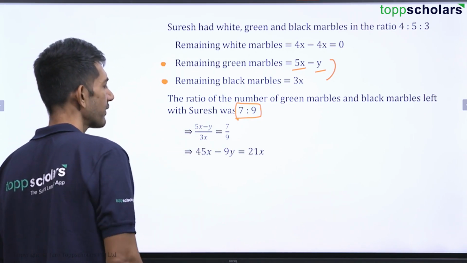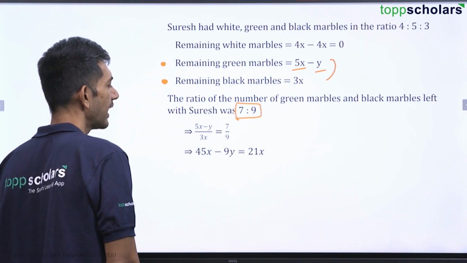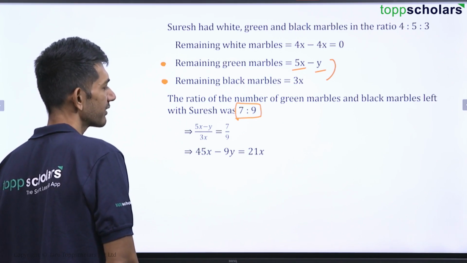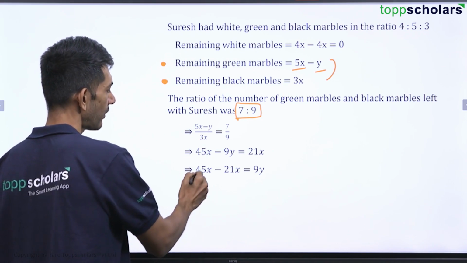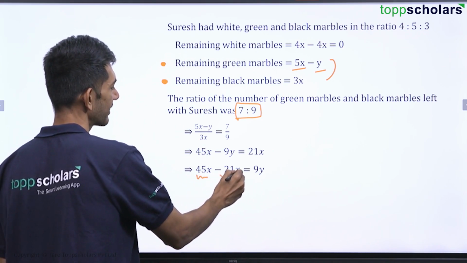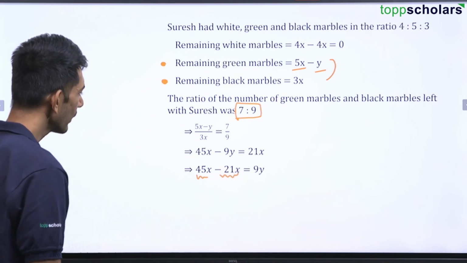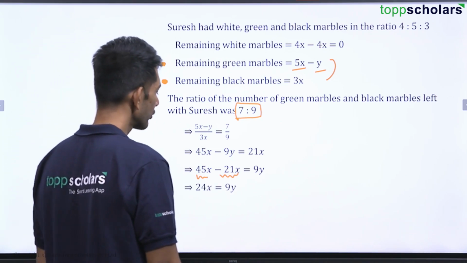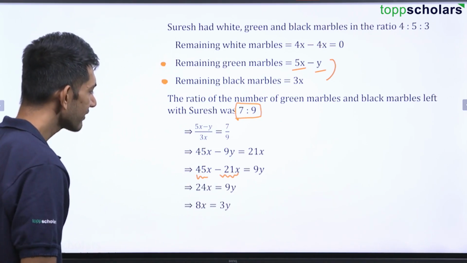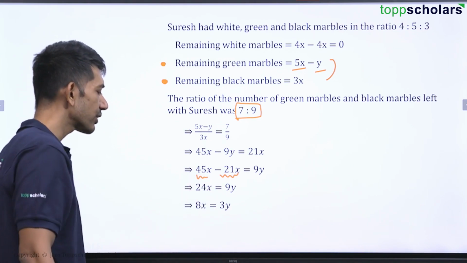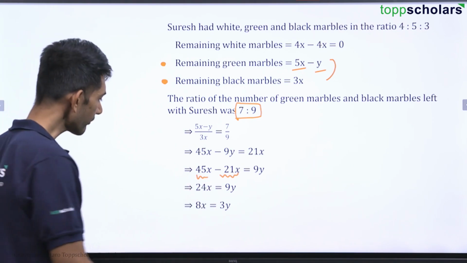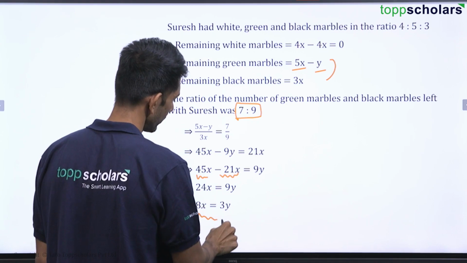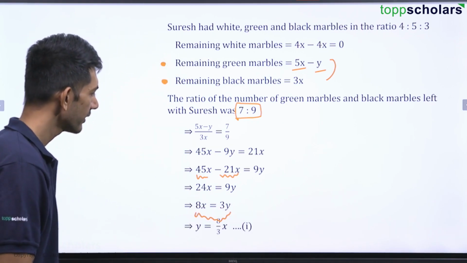So this gives you 45x minus 9y is equal to 21x, and 45x minus 21x is equal to 9y. 45x minus 21x is how much? 24x. 24x is equal to 9y. So here I can say that 8x is equal to 3y, by dividing by 3 on both sides. I hope it is clear up to this. We got 8x is equal to 3y.